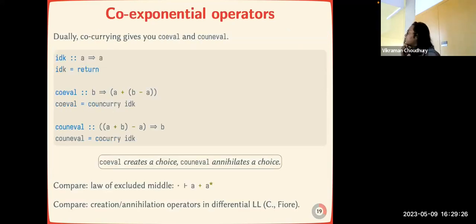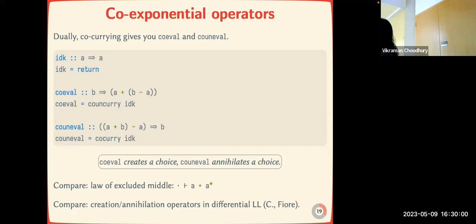If you do the same thing with co-curry, so if you do co-uncurry on ID, so ID is just the identity function on the double arrow, which is the return of the continuation monad. And from B, you can produce A plus B minus A. And co-uneval says from A plus B minus A, you can produce B. So it's a very, very interesting take on what subtraction means, but it actually does compute.